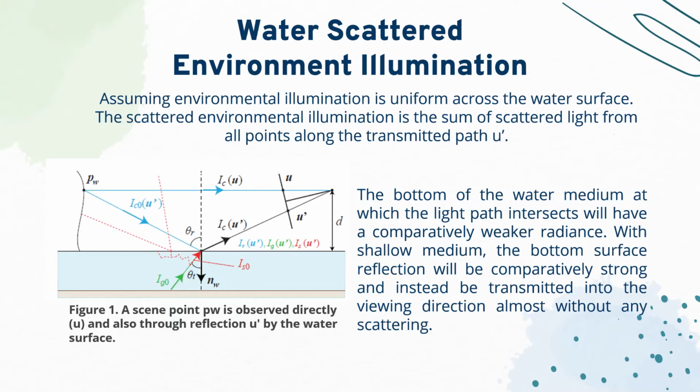On the other hand, the bottom of the water medium at which the light path intersects will have a comparatively weaker radiance, which suggests that we can limit the contribution of water-scattered environmental illumination to that from near the water surface. But when the medium is shallow, the bottom surface reflection will be comparatively strong and instead be transmitted into the viewing direction almost without any scattering.